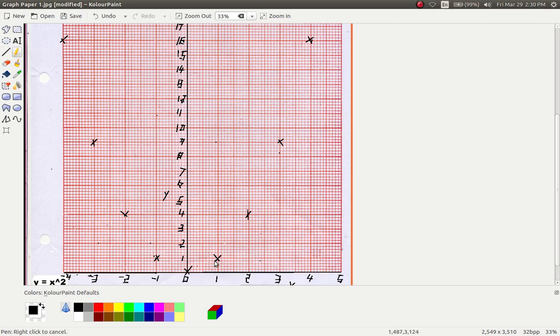You can't see this. It should be a smooth curve. Now notice when you draw a quadratic graph, you do not join the points with straight lines. It's a smooth curve.